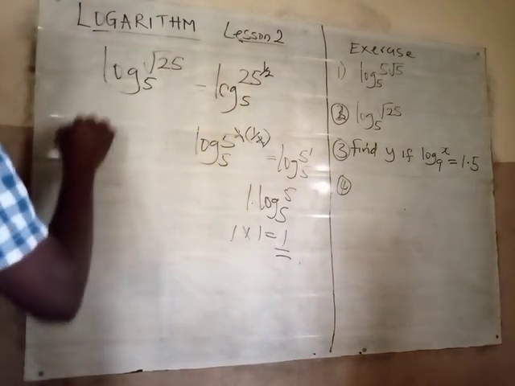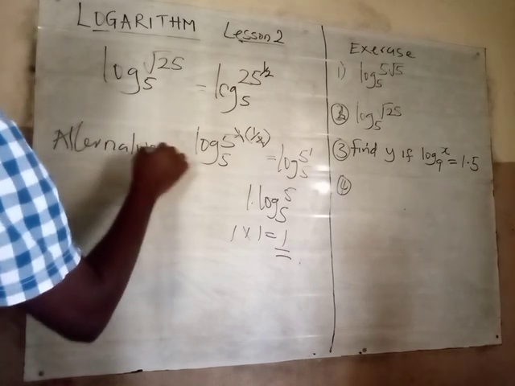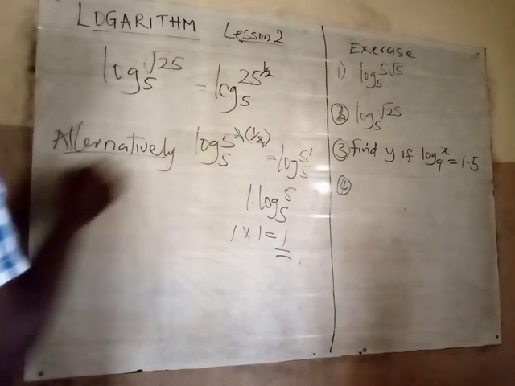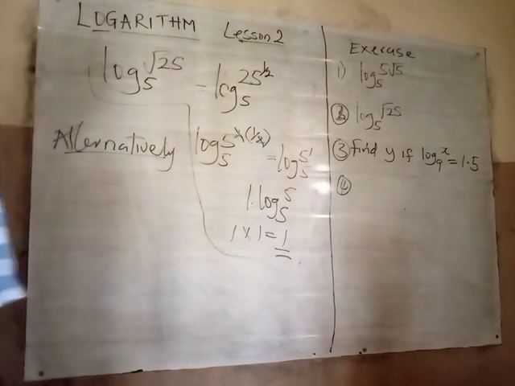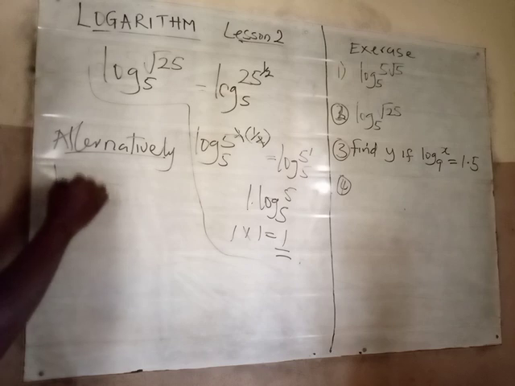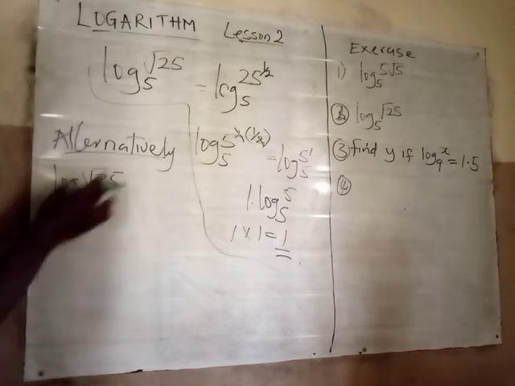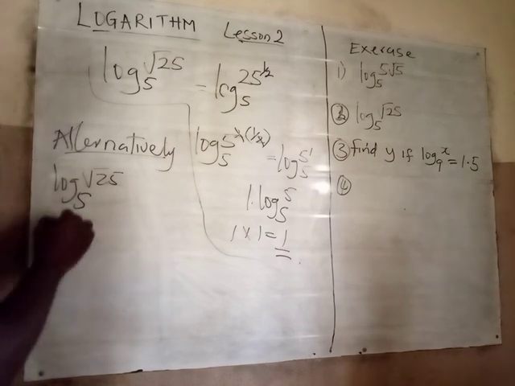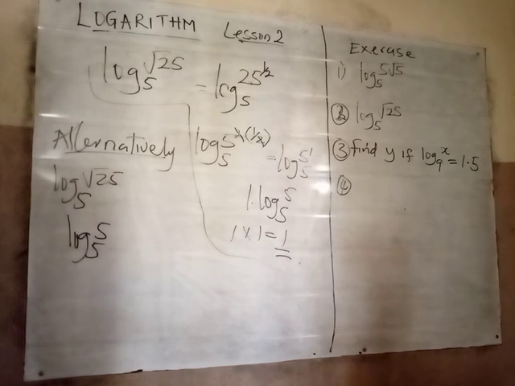Alternatively, we can also solve this problem this way by saying log root 25 base 5. Just find root 25. Root 25 is 5, then base 5.